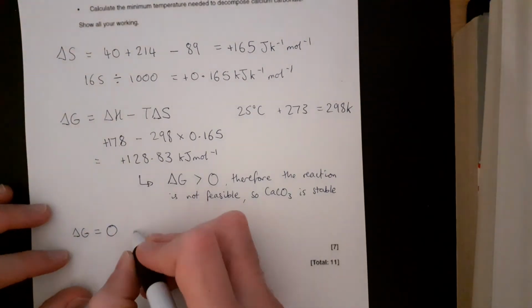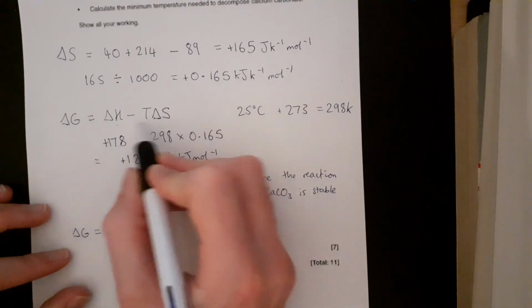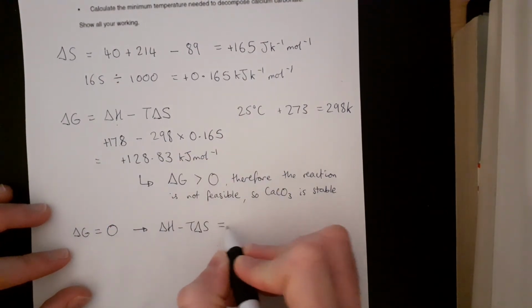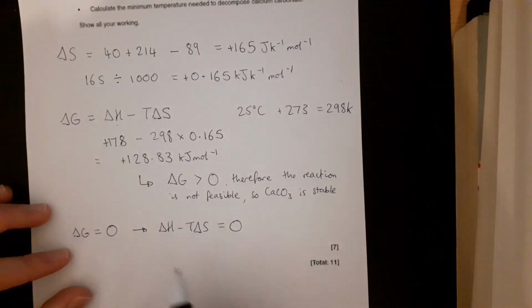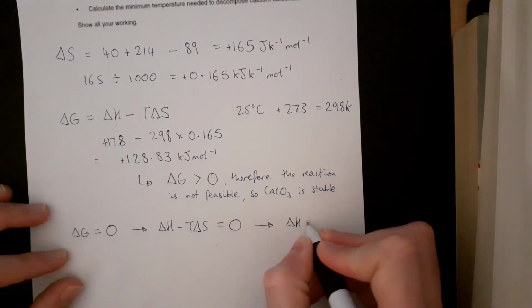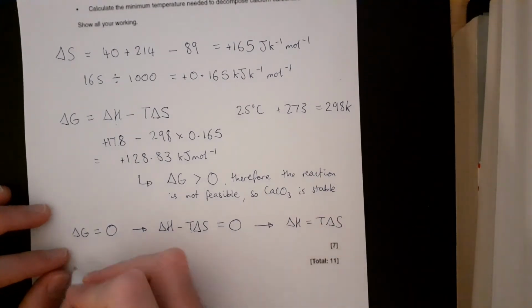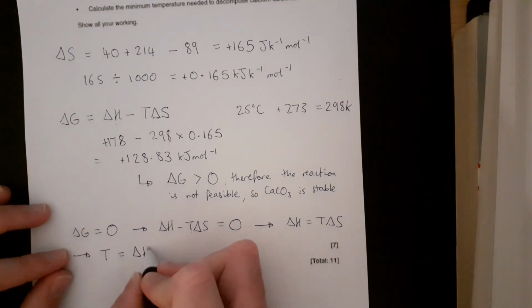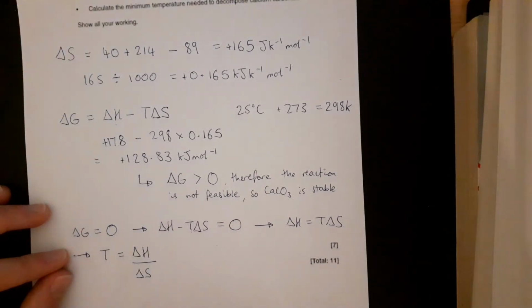Well, if delta G is equal to 0, then we can put in our equation here. So we can say delta H minus T delta S is equal to 0. And now we can rearrange this to get the temperature. So we can change this to be delta H equals T delta S. And then we can get the temperature is delta H divided by delta S.